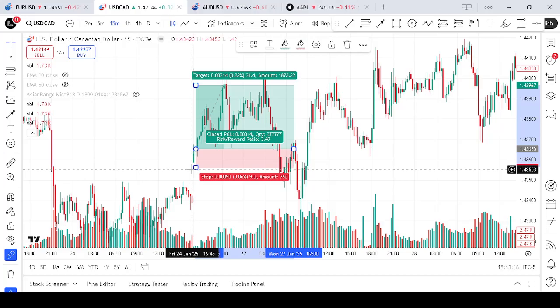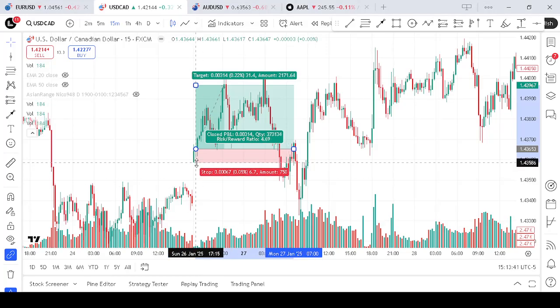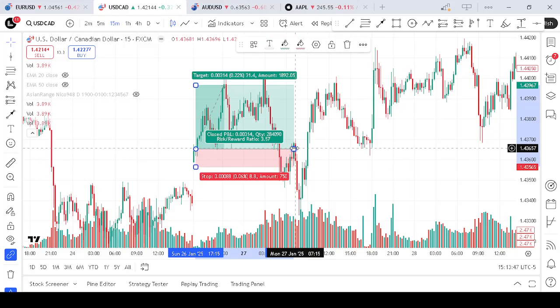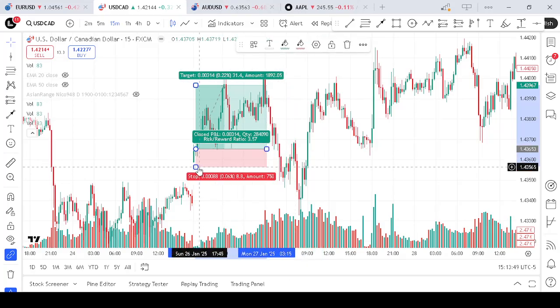Secondly, we can also put our stop loss just below the candle that has formed. You can put it below the previous 15 minutes candle. But to give your trade enough room to breathe, you just put it just below the gap.